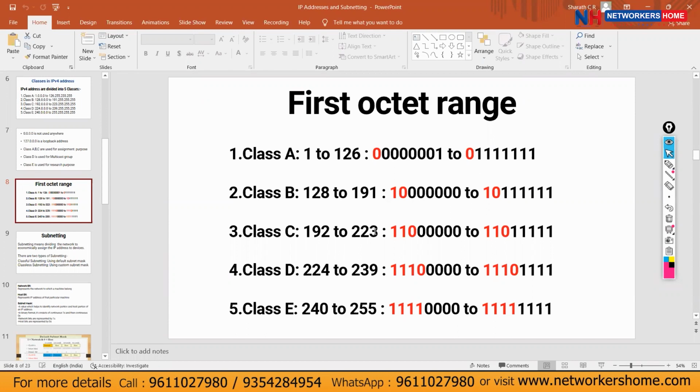For 192 to 223, it is class C. 192 converted to binary will be 110 and the rest all zeros. 223 converted to binary is this value.